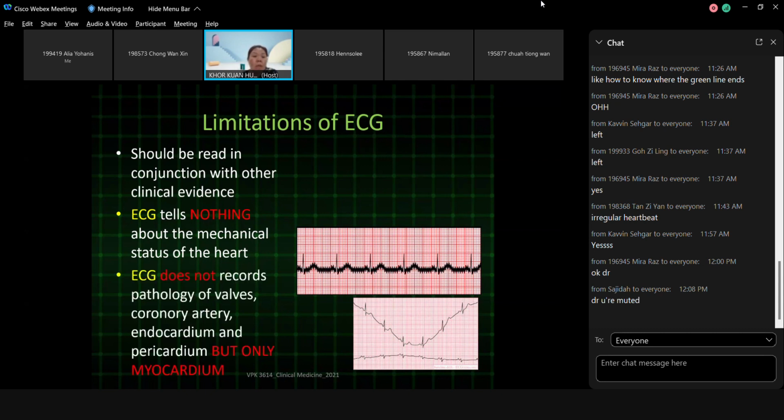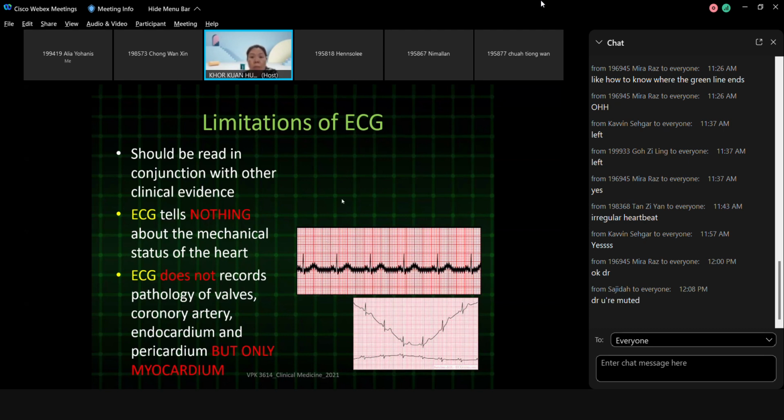It does not tell you whether the valves are okay, whether there is coronary disease, or whether the problem lies in the endocardium or pericardium. It only tells you how your myocardium is doing: is the atrial firing okay, is the ventricular firing okay?